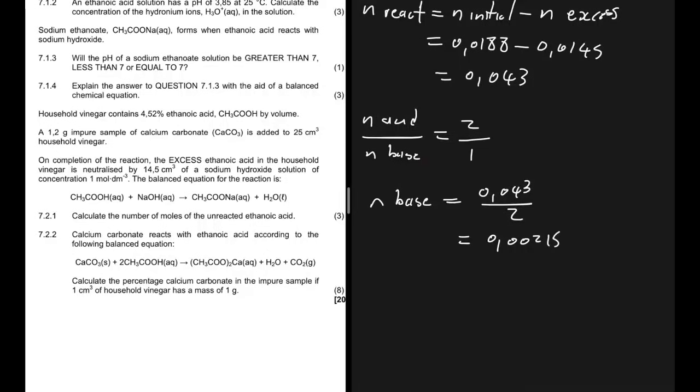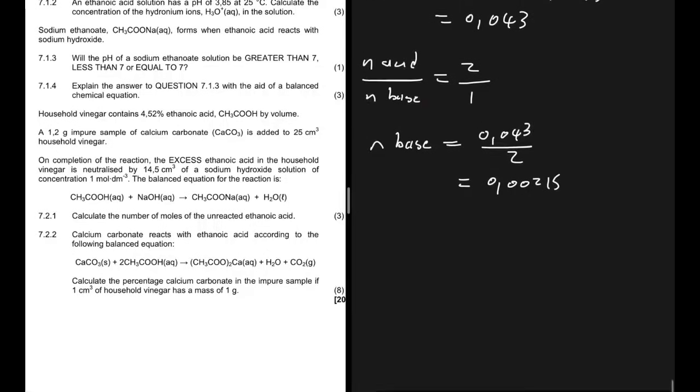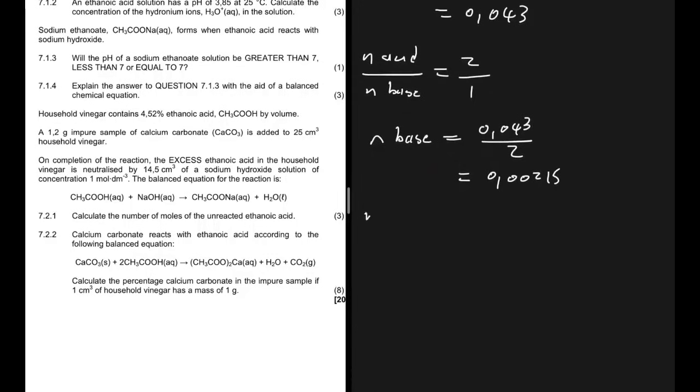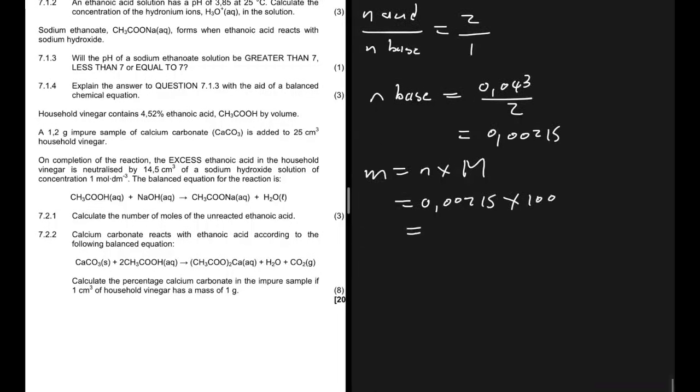So from that 0.00215, we can calculate the mass of calcium carbonate, right? The mass is given by the number of moles multiplied by the molar mass. So this will be 0.00215 times the molar mass of calcium carbonate. That's 100, right? Which is 0.215.